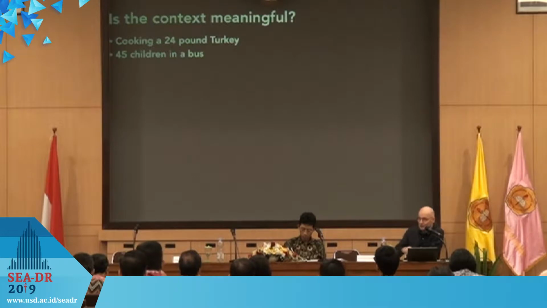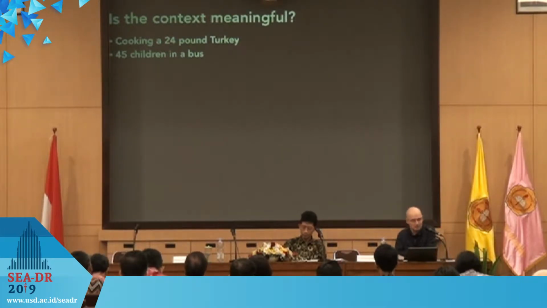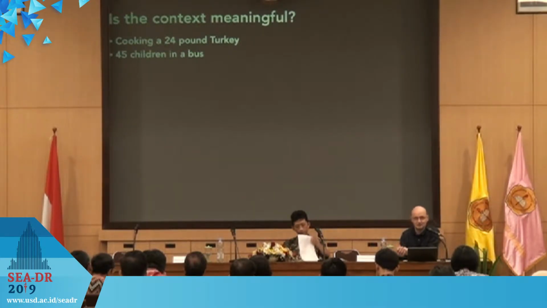In the Netherlands, a problem that is used a lot is 1,240 children need to be transported in a bus. The principal orders buses, 45 children in a bus. How many buses are needed? In many Asian countries, children will say, 45 children? Oh, that can also be 50, maybe even 100 children. So that context is immediately changed.